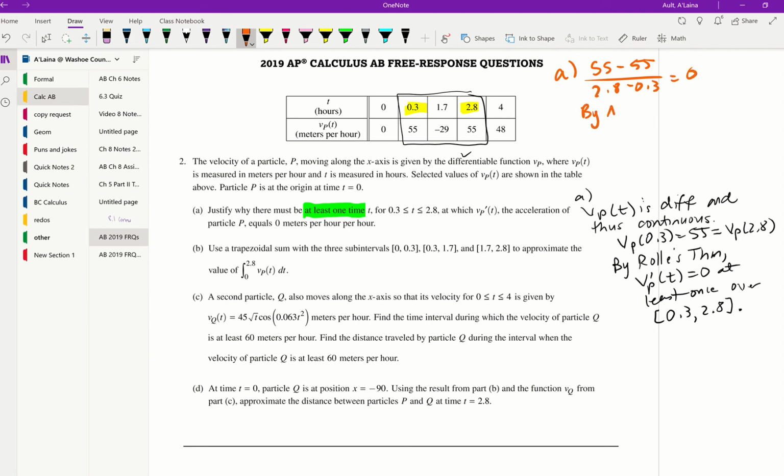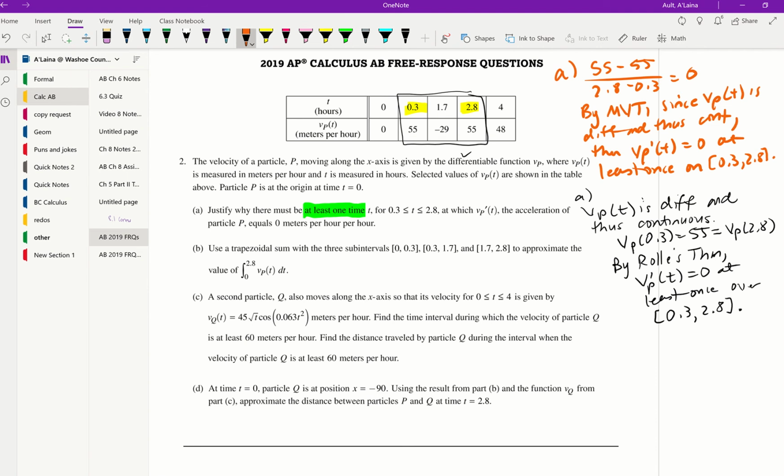Then you could say by the MVT, and again, since V sub p of t is differentiable and thus continuous, V sub p prime of t must equal 0 at least once on that interval, 0.3 to 2.8. You could really use either one, but notice both of them precisely restate what the theorem says. That's something you should be doing as well.